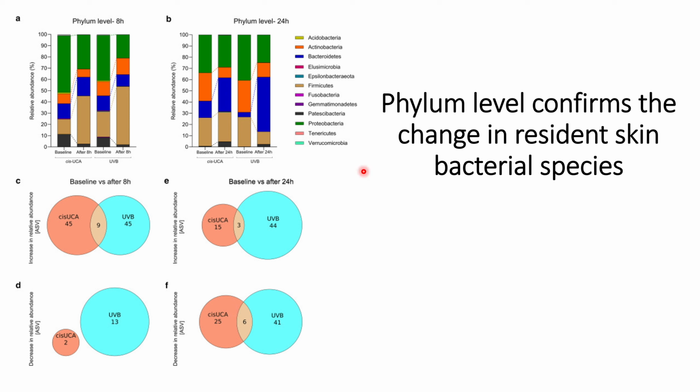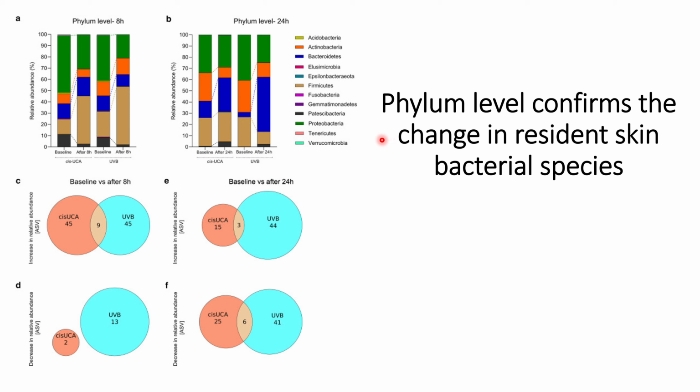So this phylum level analysis further confirms the previous finding that it will change the resident bacterial species. Whether those changes are helpful for the immune response by the skin, we will discuss in subsequent videos. For today's video, we have confirmed these changes in the resident skin bacterial species using the phylum label.